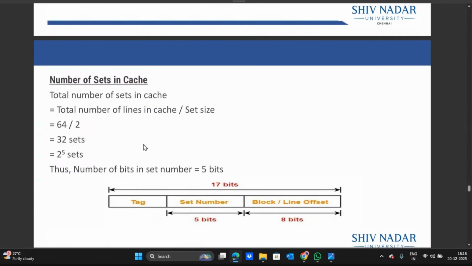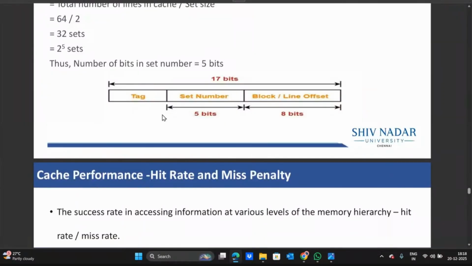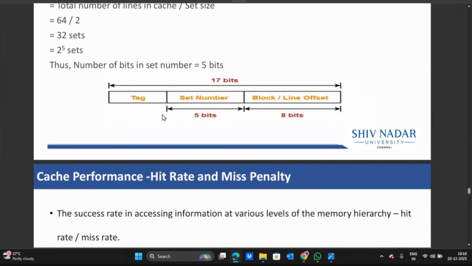So we have 32 sets. 32 sets is 2 to the power 5, so 5 bits are occupied by the set number. As we already found 8 bits as the offset and 5 bits as the set number, 8 plus 5 is 13. 17 minus 13 is 4 bits for the tag. That's all.